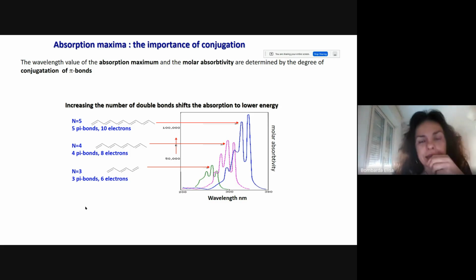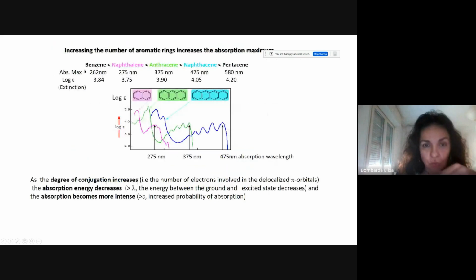Let's say that the molecules that absorb well in our spectral range of wavelengths, UV and visible, are molecules that present some degree of conjugation of pi bonds, and so also rings. But as I said, we will talk again about this.